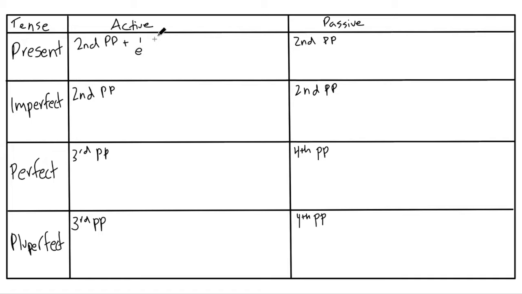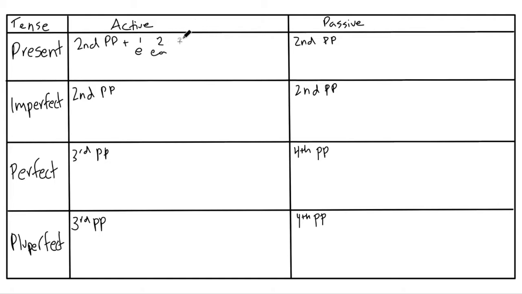If you have a second conjugation verb, like video, videre, you would take off the ere, so you just have vid, and you would add on ea. This is the vowel change.